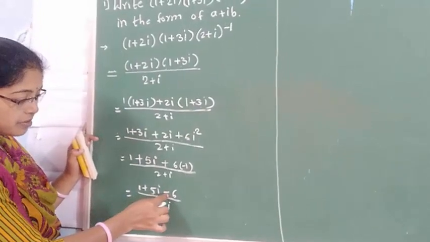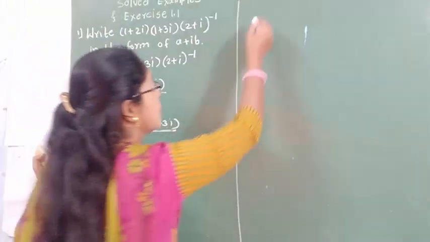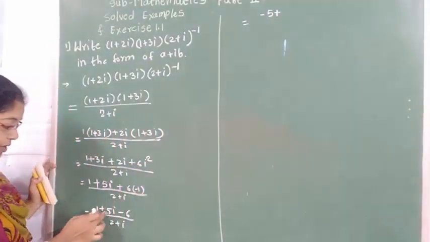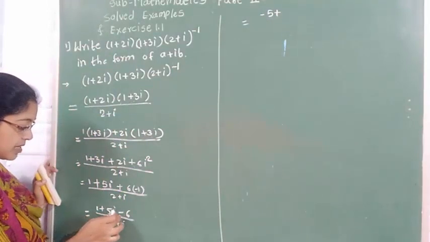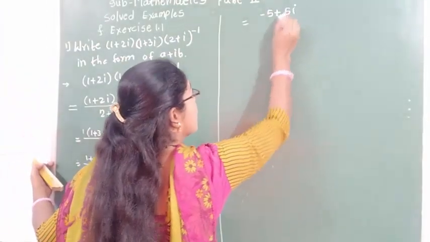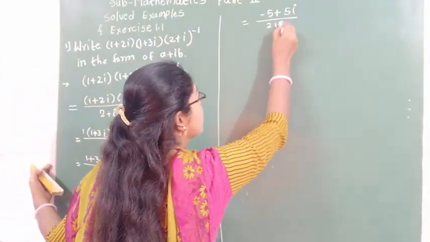So 1 minus 6 is minus 5. So this is equal to minus 5 plus 5i divided by 2 plus i.